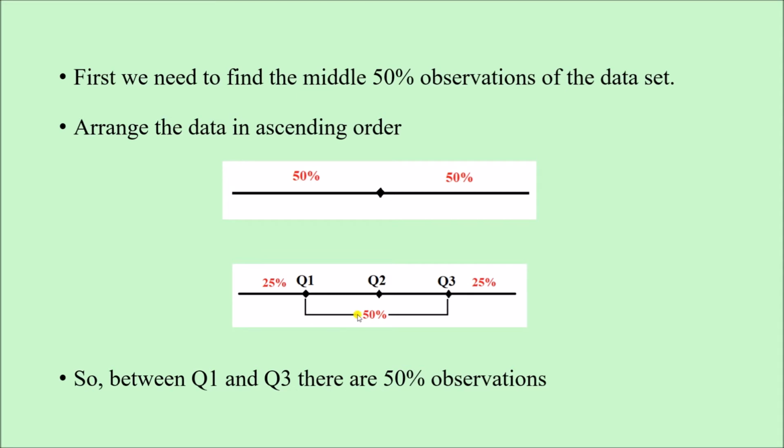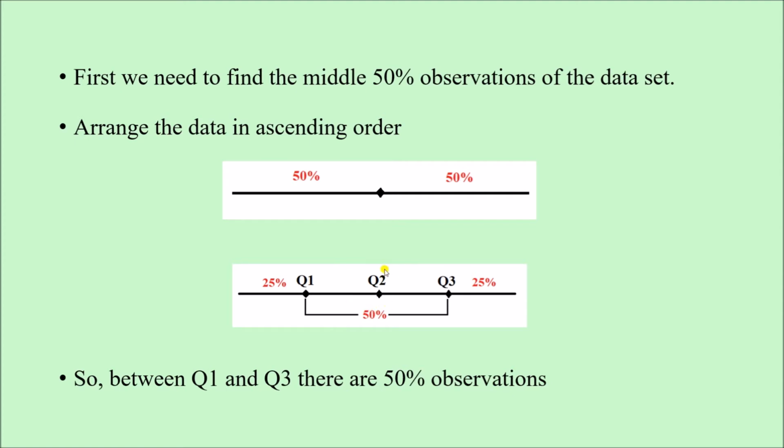So that is why this is the middle 50%. And when we find the range of this particular portion of the data set, we get the interquartile range. So that is why we need to find out the Q3, that is the third quartile, and also the first quartile, and the difference between them is the interquartile range.